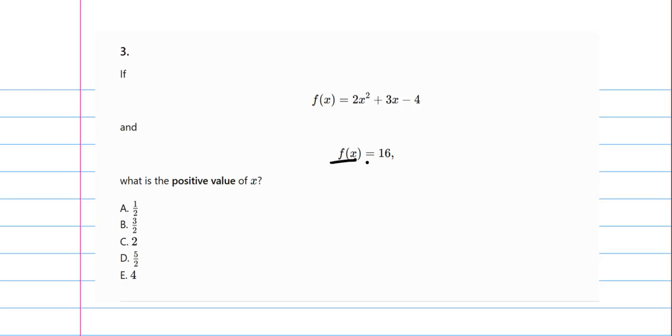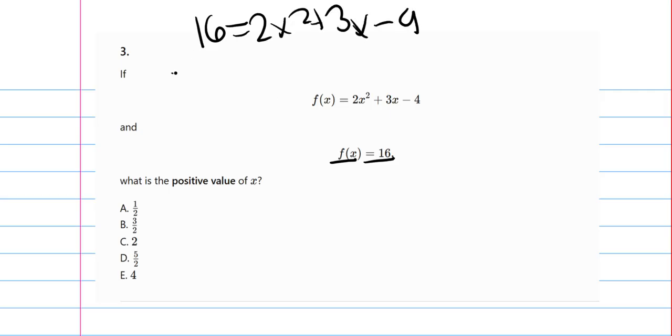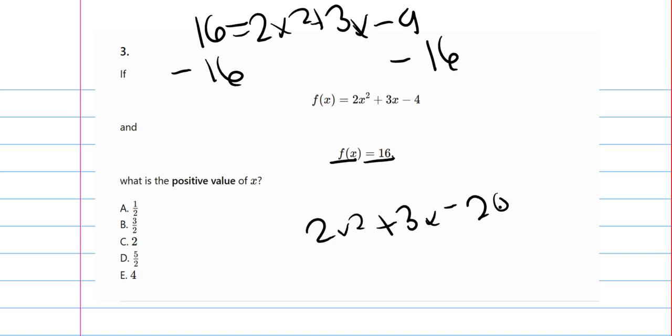We're given that the output value of f of x is equal to 16. So we need to substitute first before I show you how to solve this in two ways. And you subtract 16 from both sides, that would be 2x squared plus 3x minus 20.